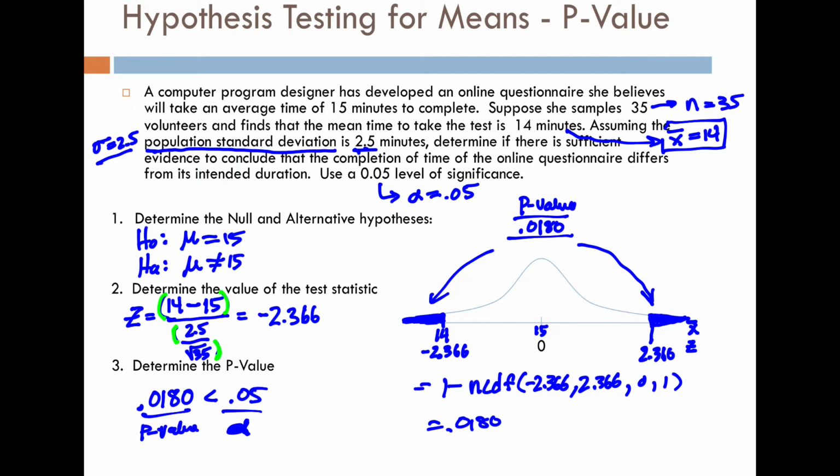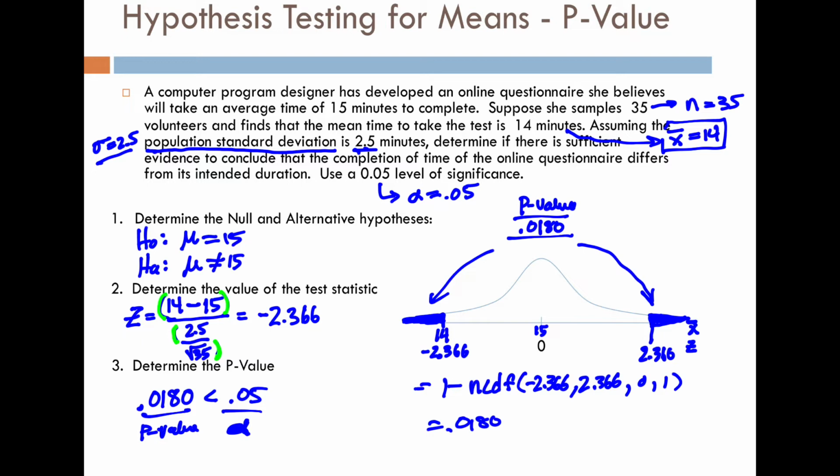In other words, what we've seen here is that the probability of this outcome, if we assumed the true number of minutes it would take to complete this test was 15, we would only see this type of deviation from that only 1.8% of the time. That is a very low probability.